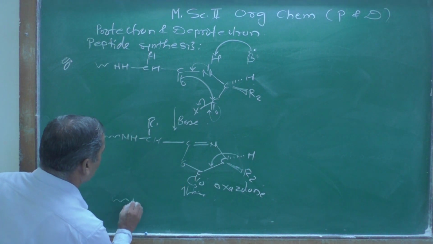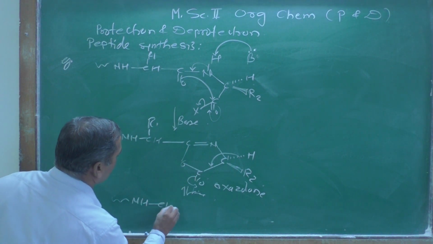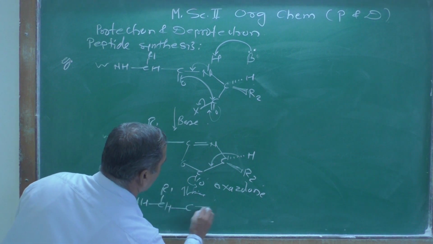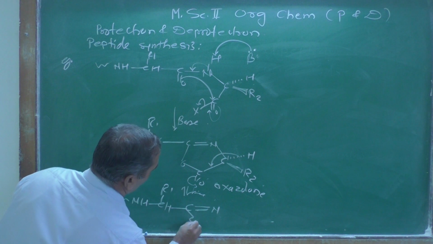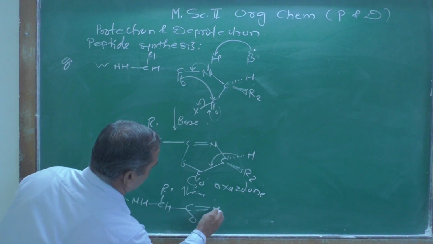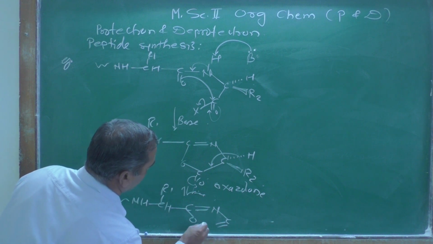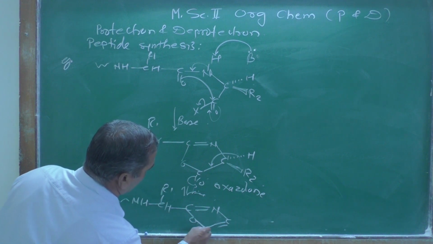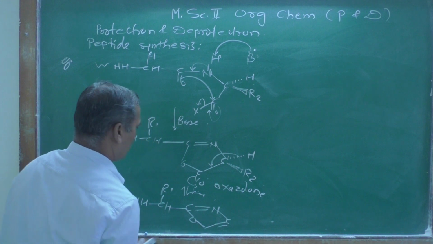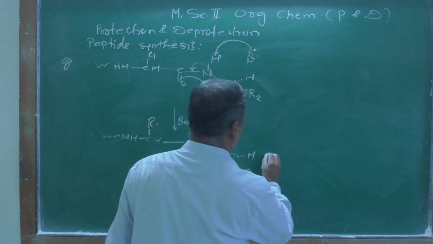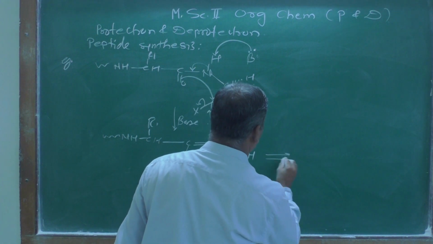NH as it is, CH, R1, then C=N, O, then C=O. Let me draw this clearly.